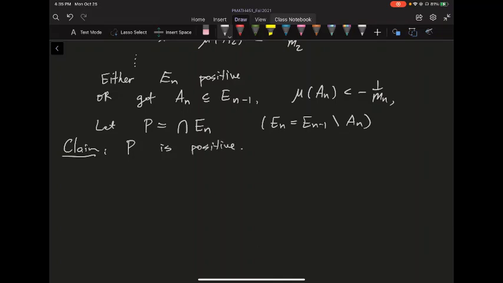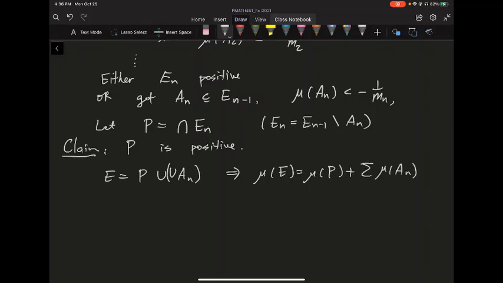All right, so first of all, this E you can write as the disjoint union of all of these An. Each of these An comes from En, and because of the way we define En, these An are disjoint, and if you take away all the An, you get P. So E is a disjoint union of these. By sigma additivity, the mu of E is going to be the mu of P plus the summation of mu of An.